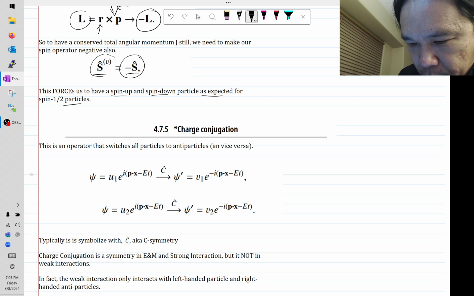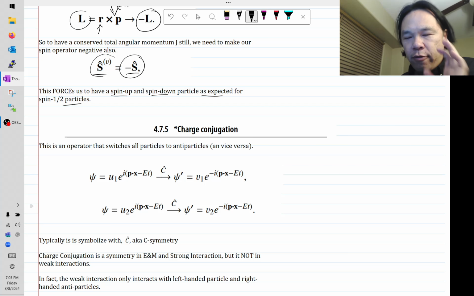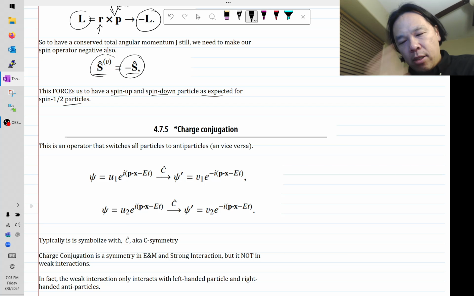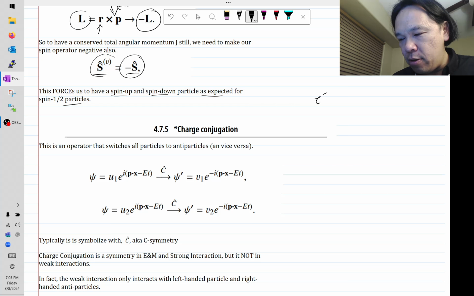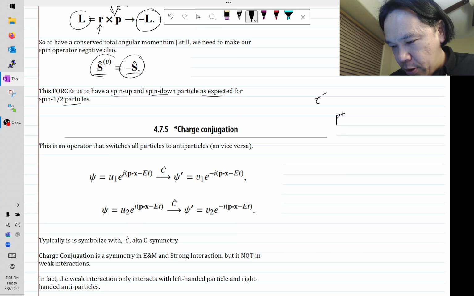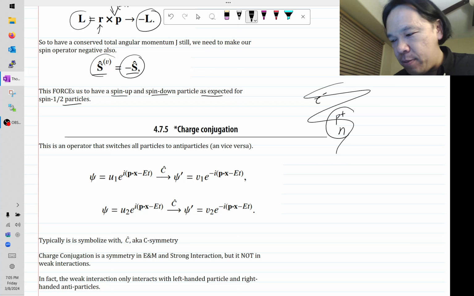But you can also just do it arbitrarily, because the universe actually doesn't care whether something is particle or antiparticle, as long as all the stuff in the universe are particles, they'll behave the same way. An electron is a particle, a proton is a particle, a neutron is a particle, and these make nuclei, and then you can make atoms out of them.